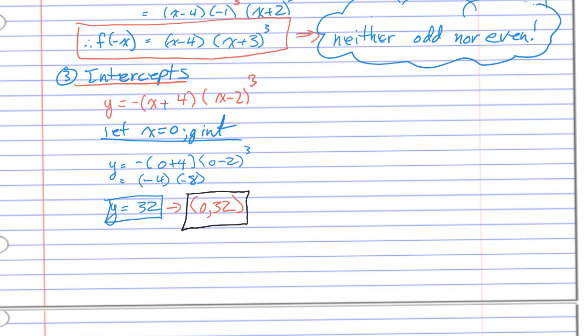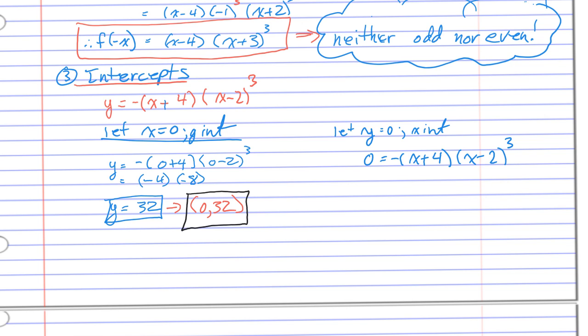The next thing that we have to do is calculate our x-intercepts. So we let y equal 0 to find the x-intercept. So we have 0 is equal to negative of x plus 4 times x minus 2 all cubed.